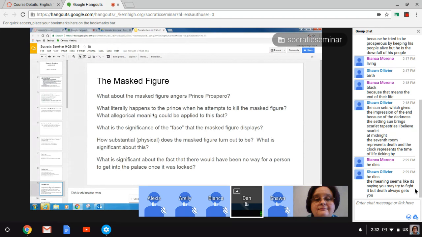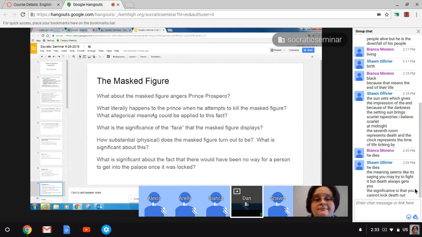Okay, so what is significant about the fact that there would have been no way for a person to get into the palace once it was locked? And so I think I'm going to answer this question because it's not really worded that well. That's my fault. But what I was getting at is the idea that Prince Prospero and all these people have locked themselves inside the palace.